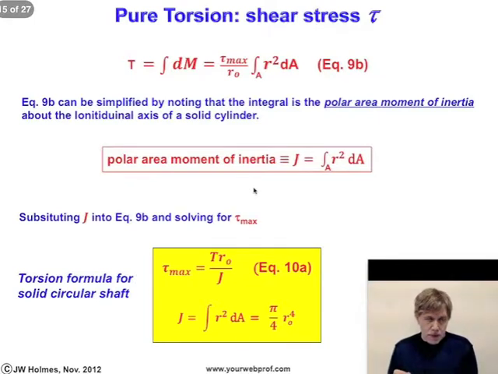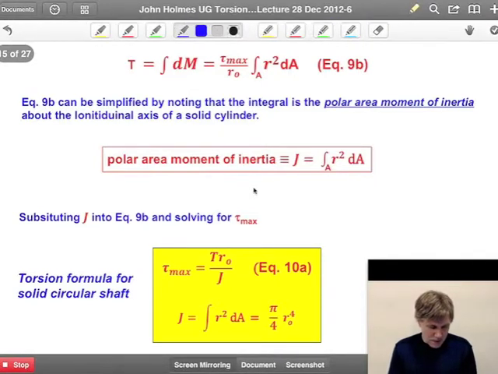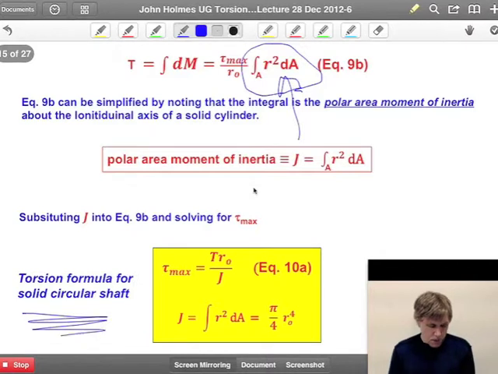All we need to note is that this integral, if you remember back to your mathematics courses, is nothing more than the polar area moment of inertia J. Substituting back in and solving for tau max, we end up with the so-called torsion formula for a solid circular shaft, which states that the maximum shear stress developed in the shaft is the torque times the outer radius divided by J. We haven't said anything about the material in this formula yet.